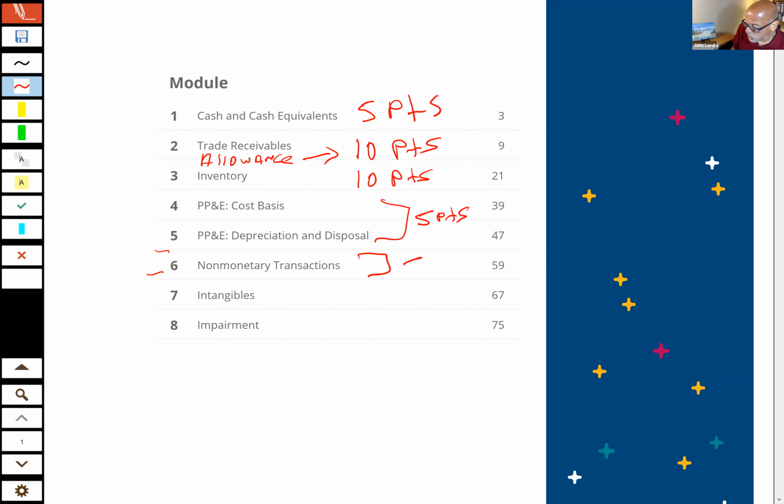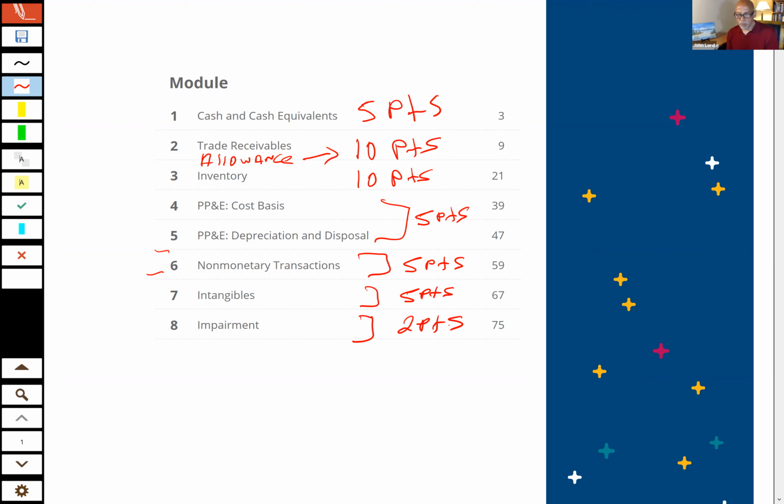Non-monetary transactions, a little tougher area, not a lot of point value there, probably about 5 points. Intangibles, probably about 5 points as they talk about intangible assets. And then impairment probably won't get too far into that. You could expect about a 2-point area there. So you see a fair number of points here.